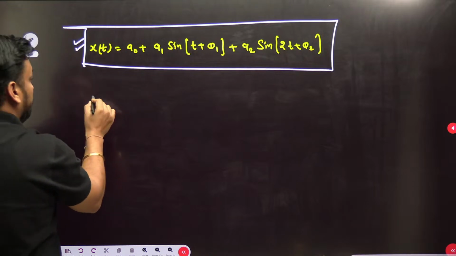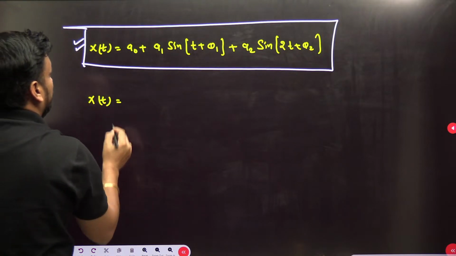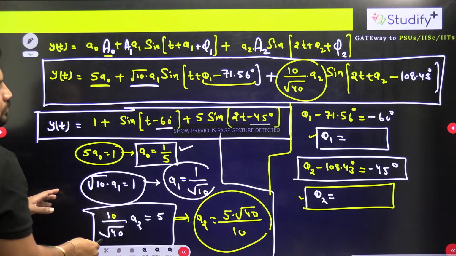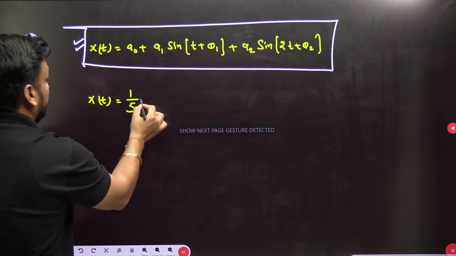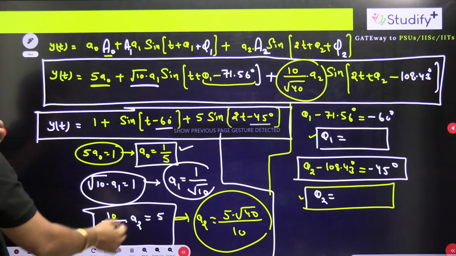जहां पे आपके पास ए नोट का वैल्यू आ चुका है, स्मॉल ए नोट. व्हाट इज स्मॉल ए नोट फ्रॉम लास्ट स्लाइड? स्मॉल ए नोट 1/5 था सर, 1/5. So 1/5 plus what is small a1? 1/√10.